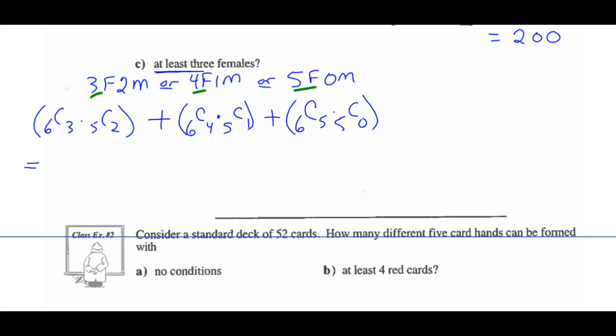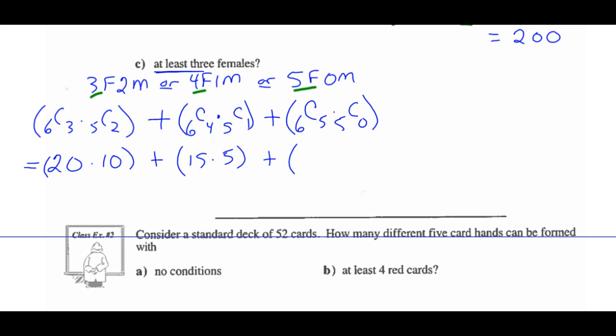6 choose 3 is 20, times 5 choose 2 is 10. Add that to 6 choose 4, which is 15, times 5 choose 1, which we know is 5.